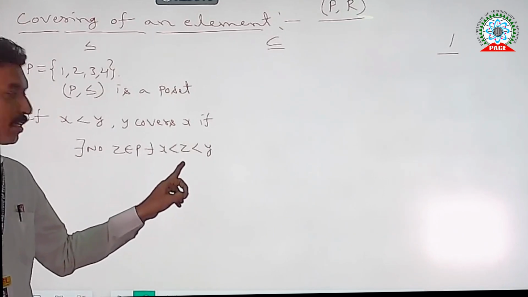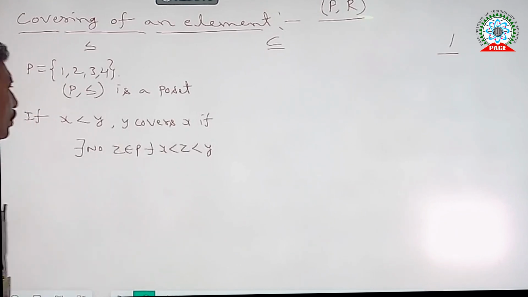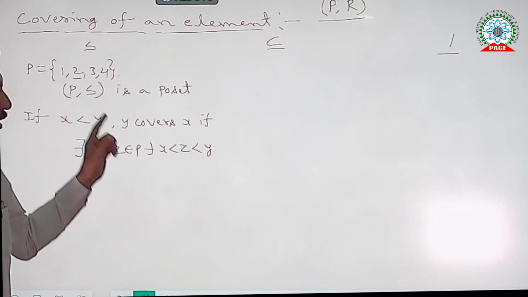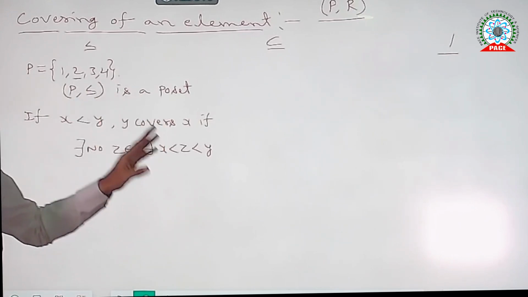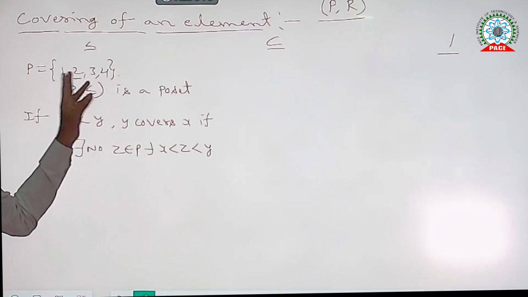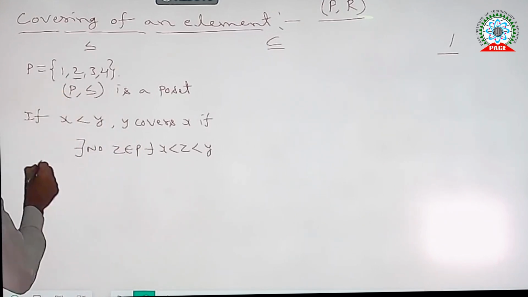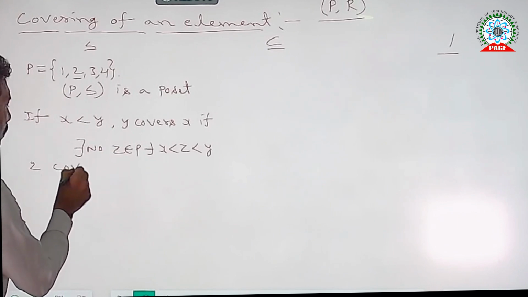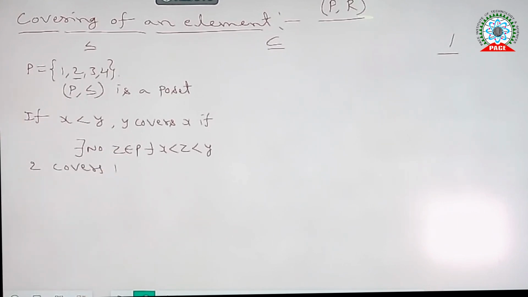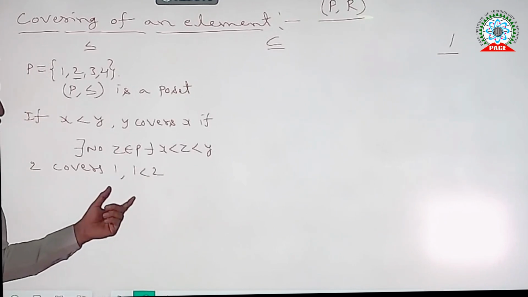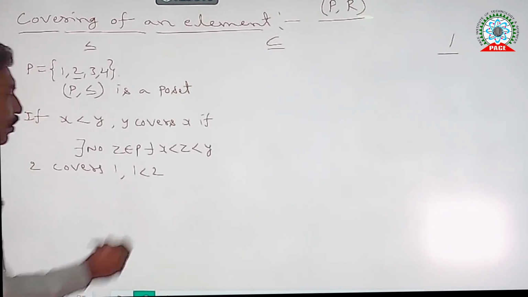So when we observe here, first we fix the first element, then for the next elements we check which ones cover the first element. So 2 covers 1 or not? Clearly 2 covers 1 because 1 less than 2 and there is no other element such that 1 less than that element less than 2.